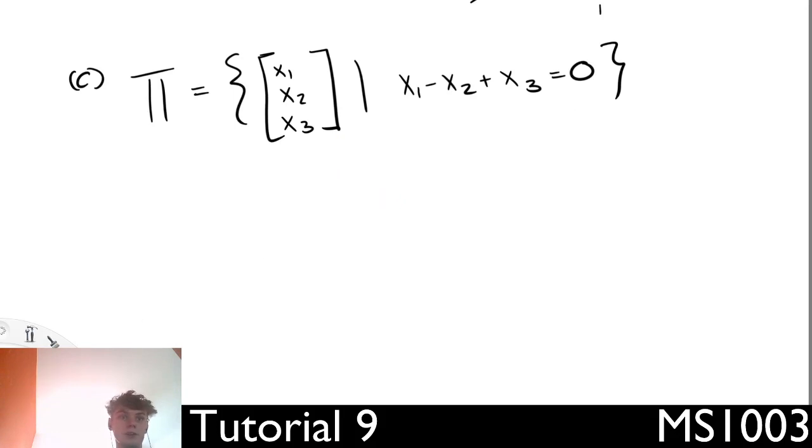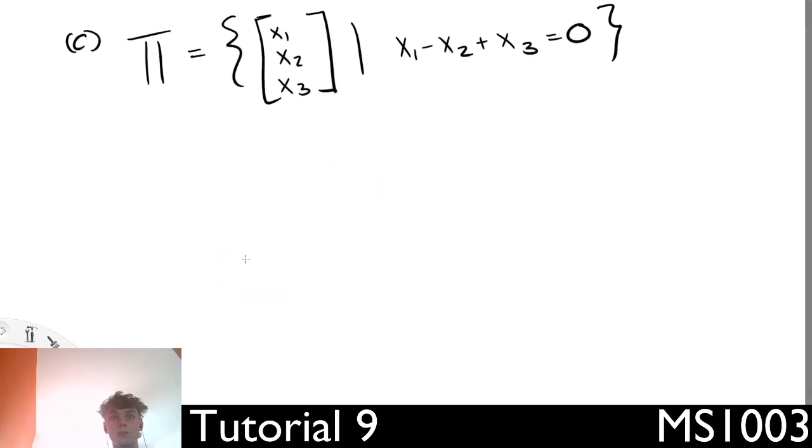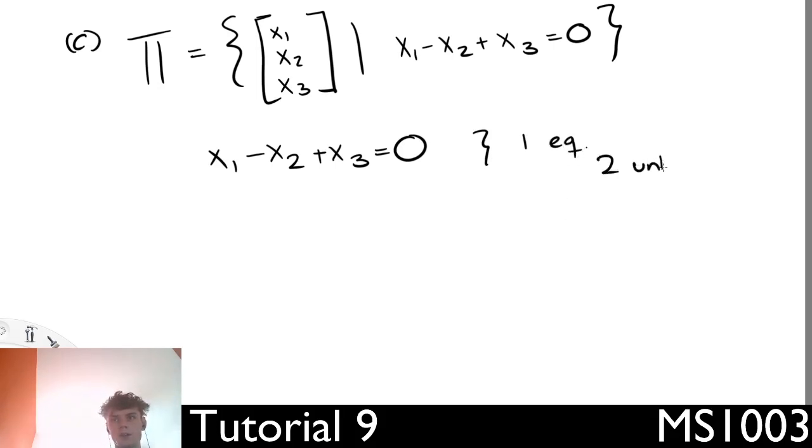And if any of you are interested, obviously you can go watch. So what we do is, before I even write equals there, if I have x1 minus x2 plus x3 equal to 0, this is one equation, three unknowns.